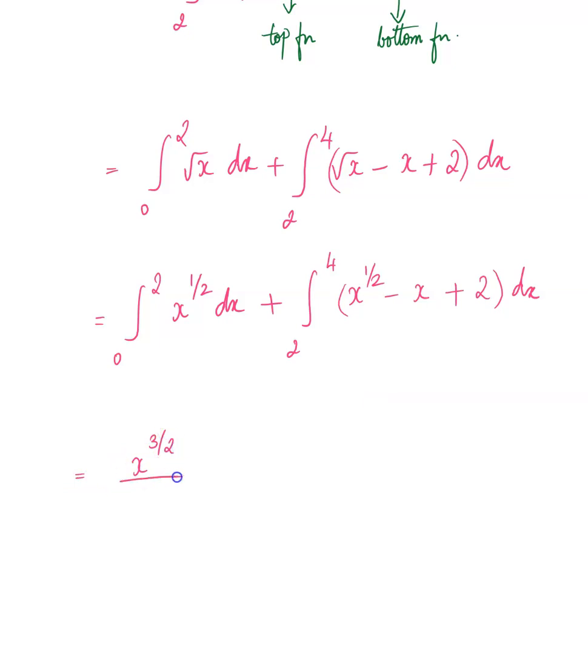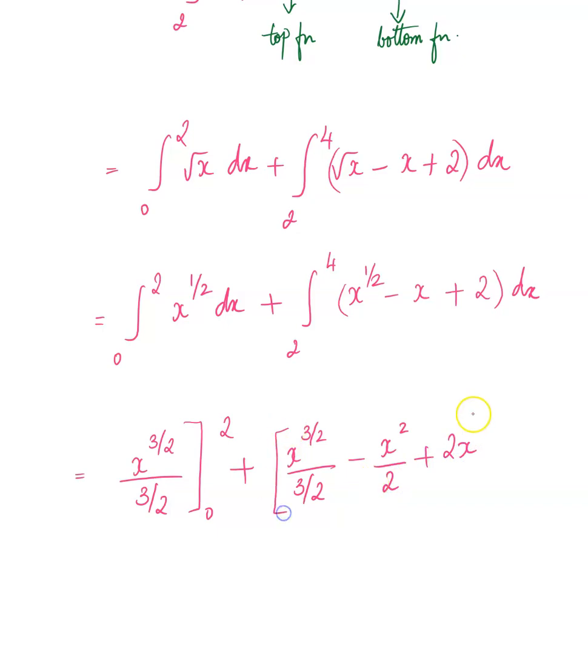That will be x power 3 over 2 over 3 over 2, 0 to 2, plus x power 3 over 2 over 3 over 2, minus x squared over 2 plus 2x, 2 to 4.